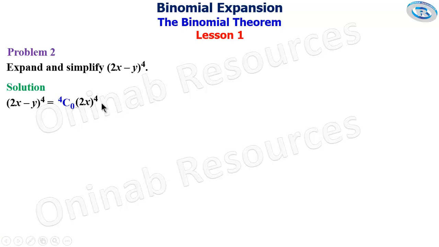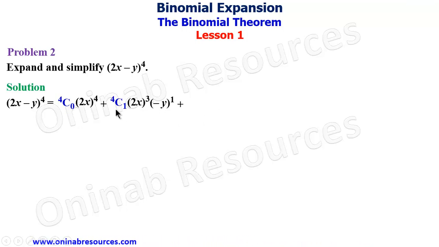So we don't need to represent it here. Then the next term will be plus 4 combination 1. We are going to have it as 2x raised to power 3. 4 minus 1, 3. So we have 2x raised to power 3. Then the second term in the bracket, which is negative y, we carry power 1. So we have it as negative y raised to power 1. We are done with that term.